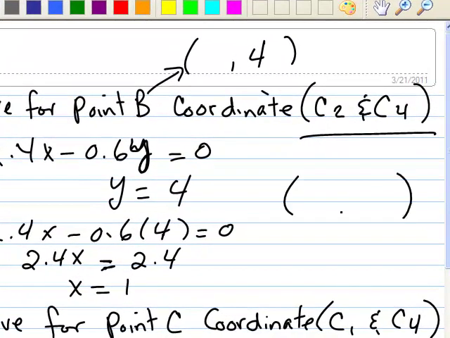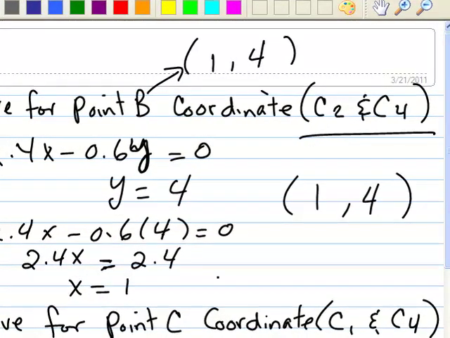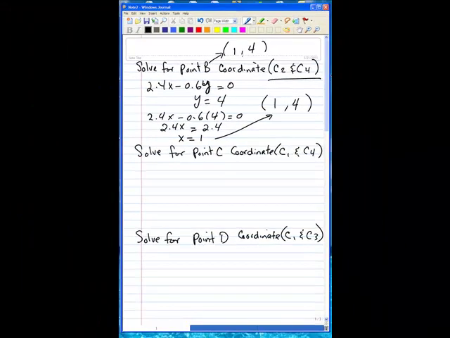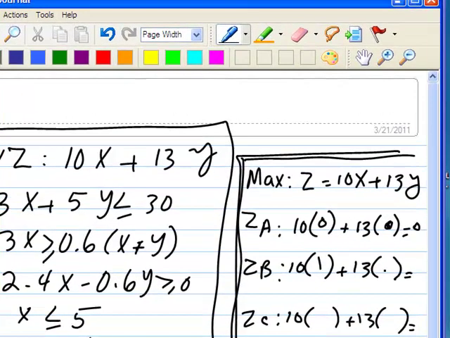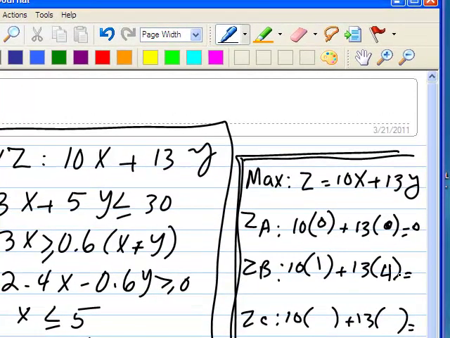So we have the point (1, 4) that we solved for coordinate B. So going to my notes, for point B, I can put 1 for x and 4 for y, and my answer will be 62.